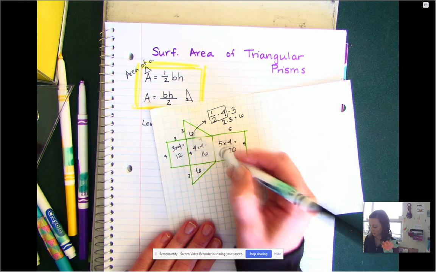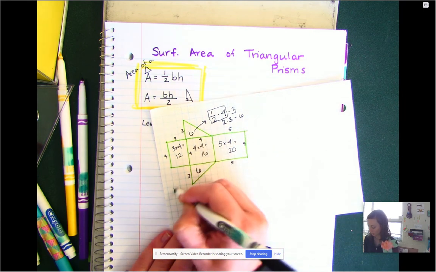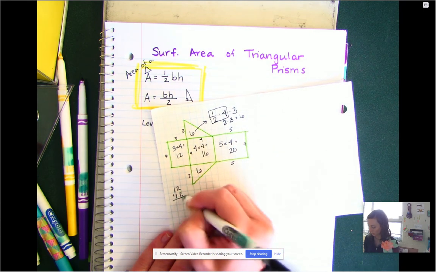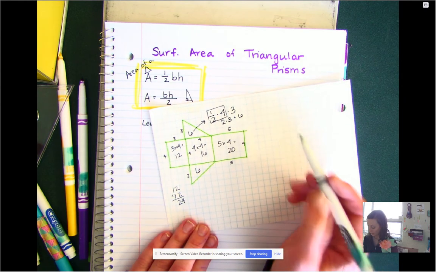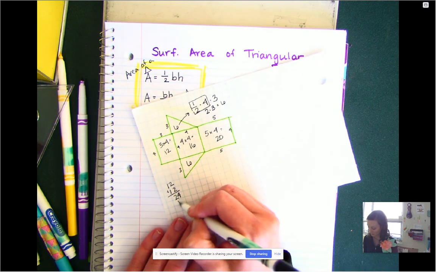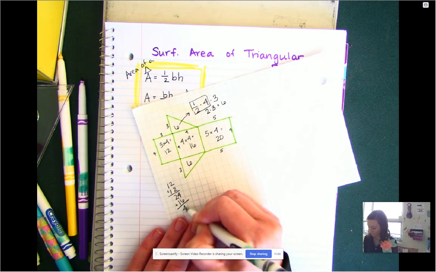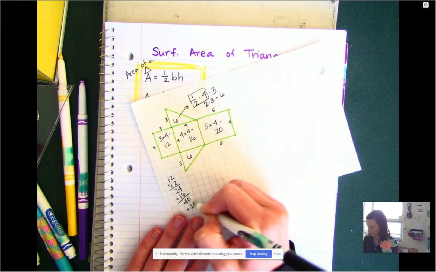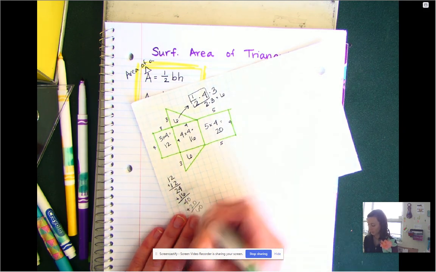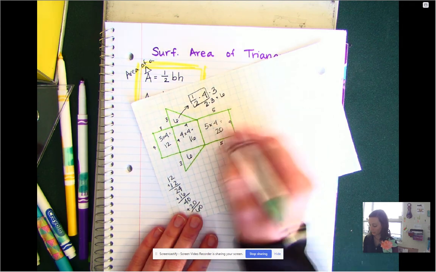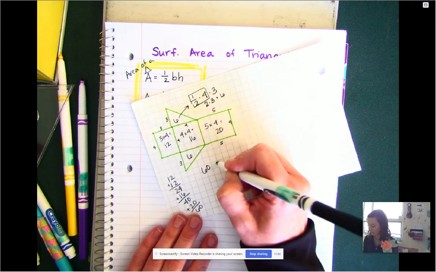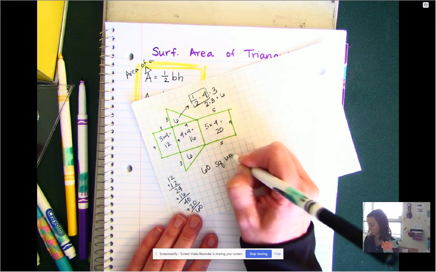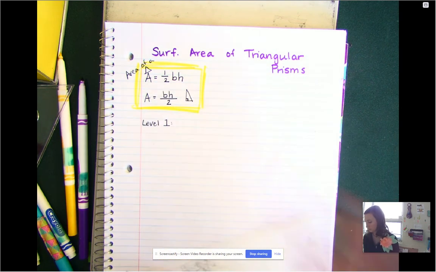Well, here, I know that 6 and 6 is 12, so I have 12 and 12 is 24. I have 24 plus 16, I know makes a nice easy 40, and 40 plus 20 is 60. So the surface area of this figure from this net is 60 square units, or 60 units squared.